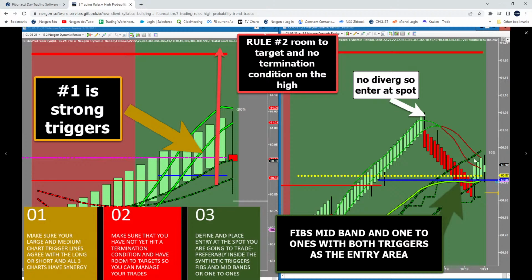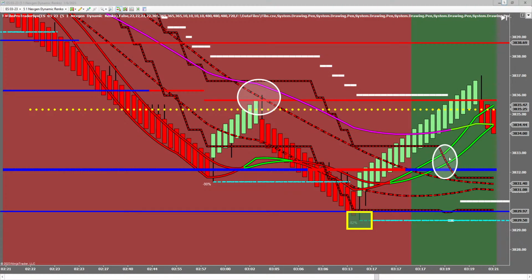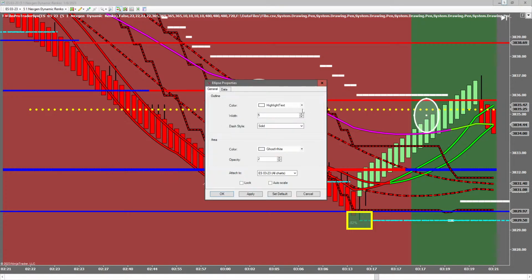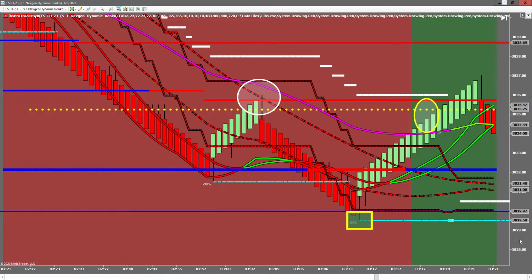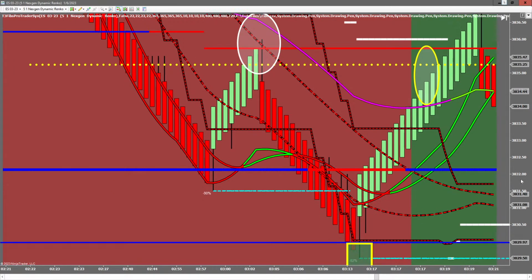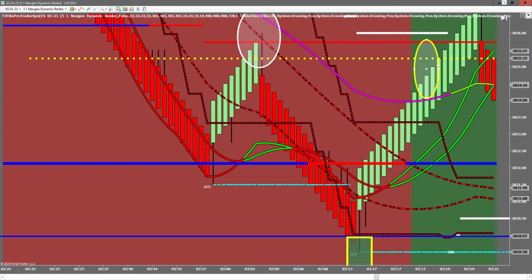Now, I get this trade a lot from a lot of people. I see them post a lot, and it kicks their ass 9 ways to Sunday. They'll go short right here. I'll make a yellow circle just for fun. Now, I want to ask you a question. If you go short up here, are you inside of your large triggers, or are you above your large triggers?